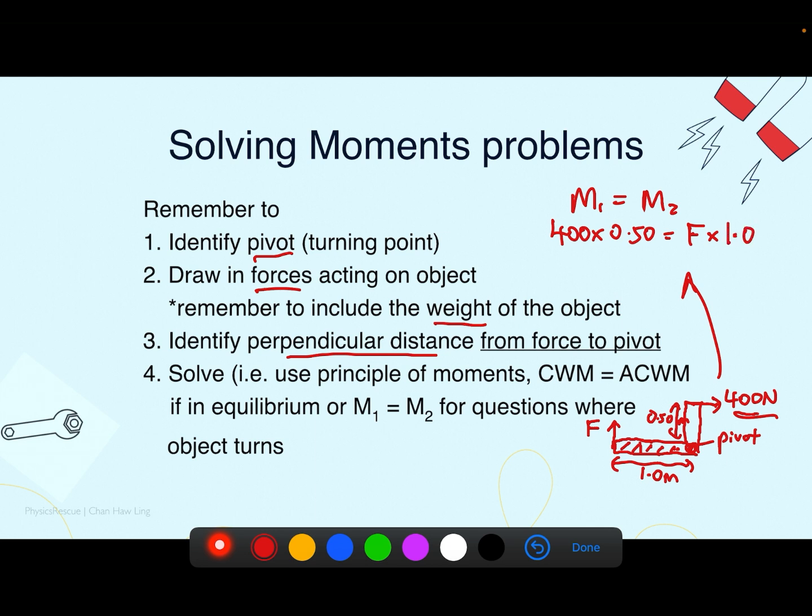So in this case, obviously the answer would be 200 newtons. Yeah, all right. So we are finding the force, so there's no need to write the clockwise or anti-clockwise.